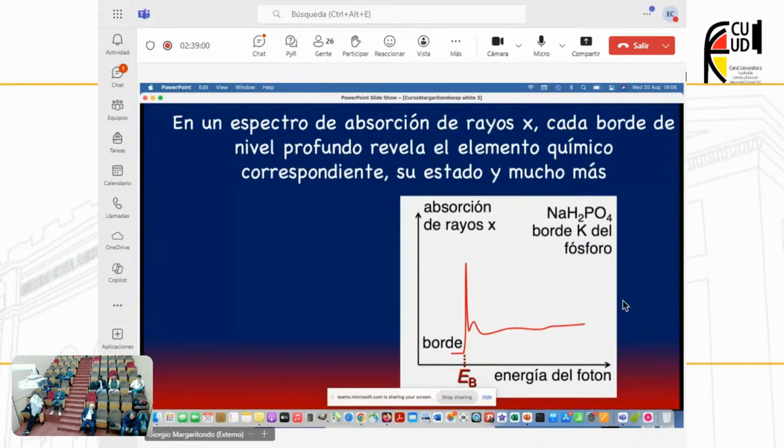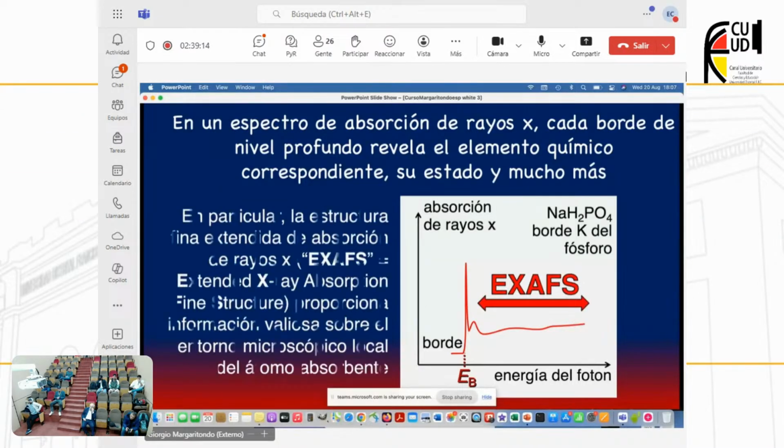In fact, if you're looking at the real absorption edge with a real spectrum, well, you do see the edge. But then afterward, there is a series of structures, and actually there are structures that are close to the edge, but also what is called the EXAFS, or extended X-ray absorption fine structure.